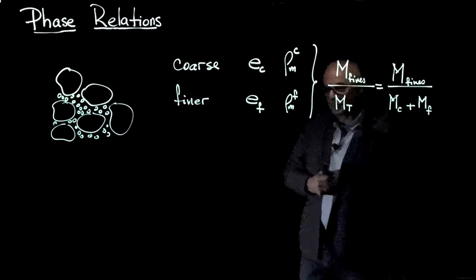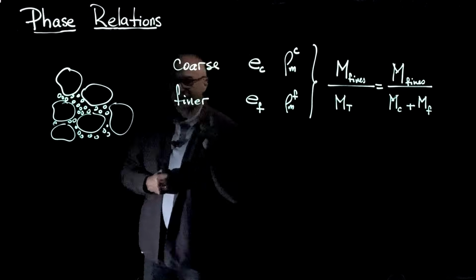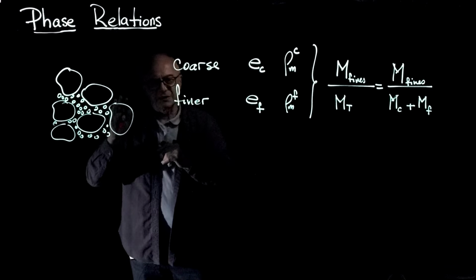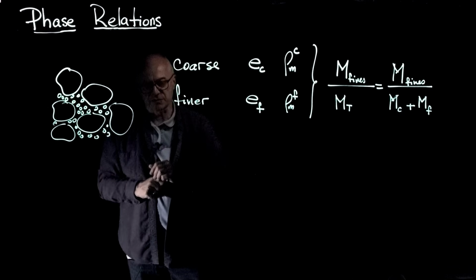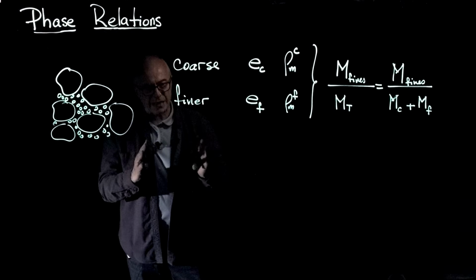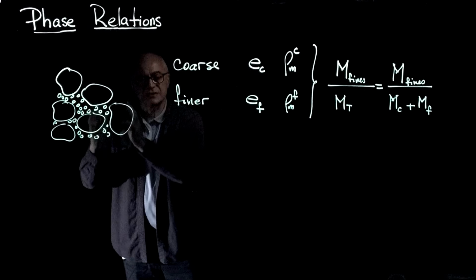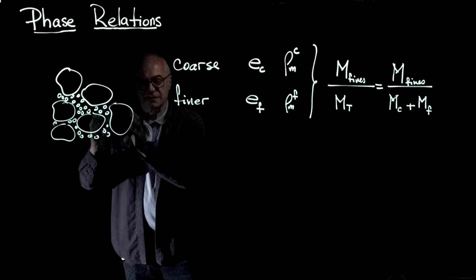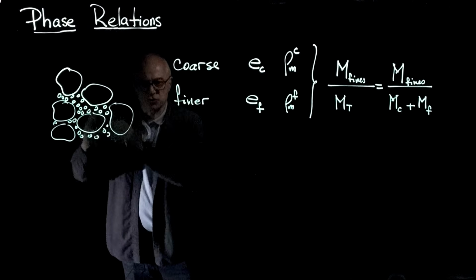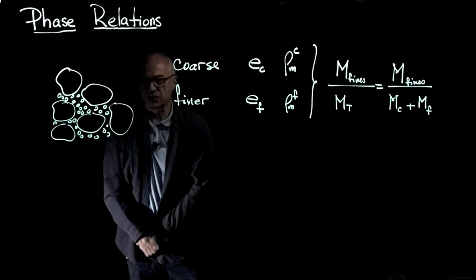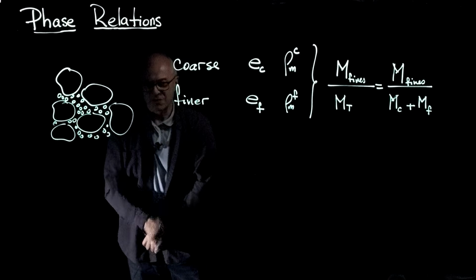This will be very important because this will allow me to define a new soil classification method that will properly capture how much fines, the relative mass of fines, will gain control on the behavior of the soil mass. We will come back to this.